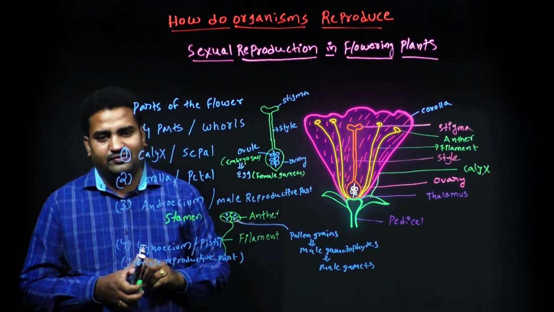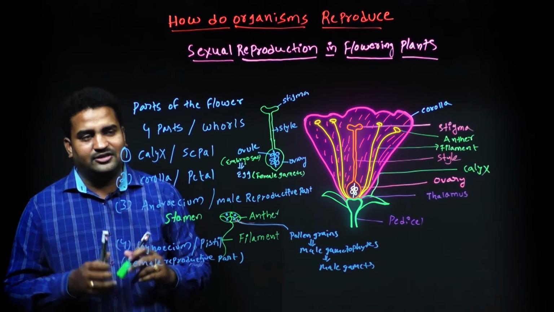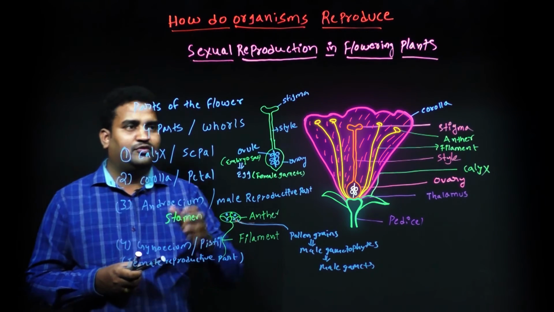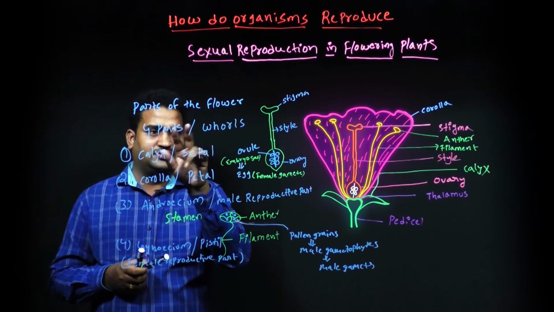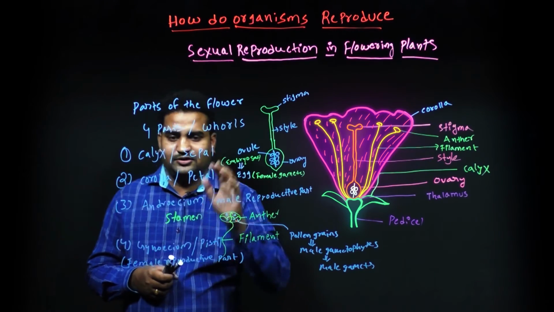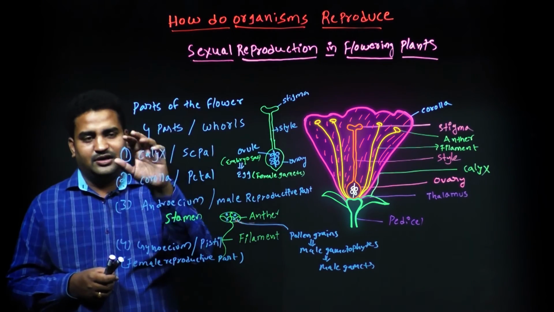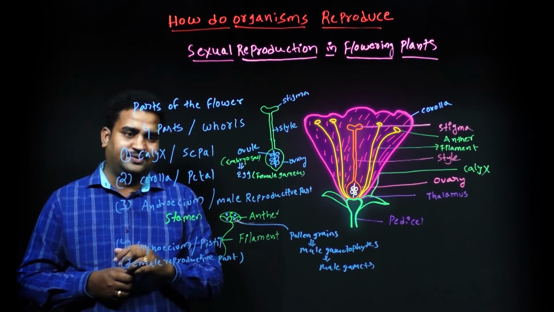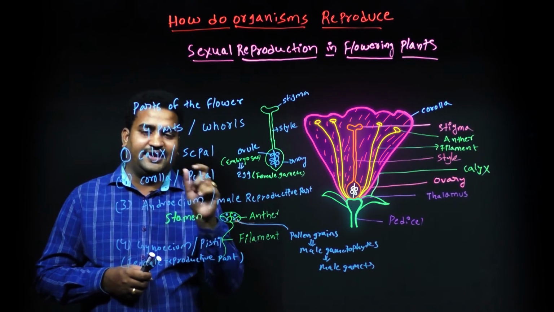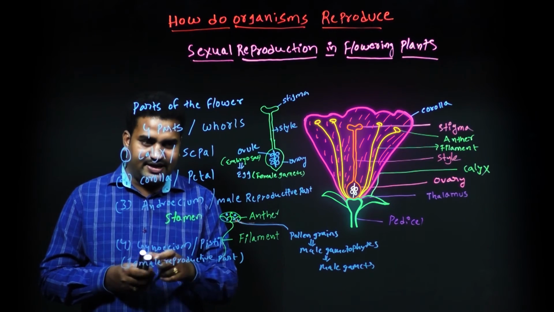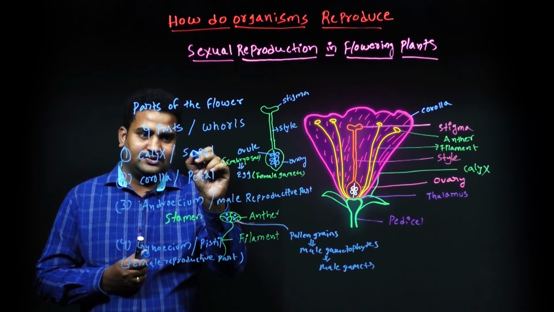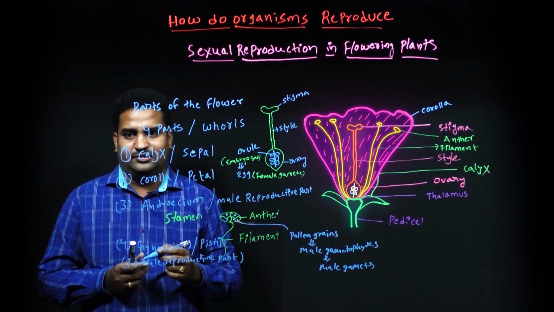So, a typical angiospermic flower contains 4 floral whorls or parts. What are those 4 parts? First one, the outermost one, which is green in color, is known as calyx. This is also called sepal.